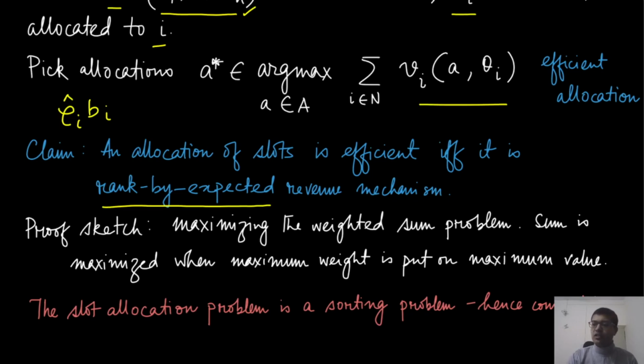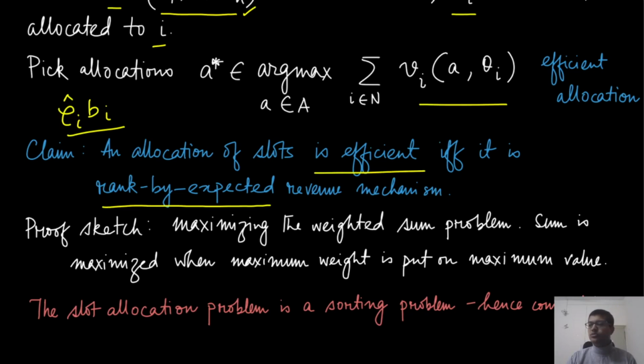So the player who has the highest value gets the first slot, the second highest gets the second slot, and so on. This claim is saying that if you do it in that way, it is efficient, and it is an if and only if condition. And the idea of this proof is very simple.